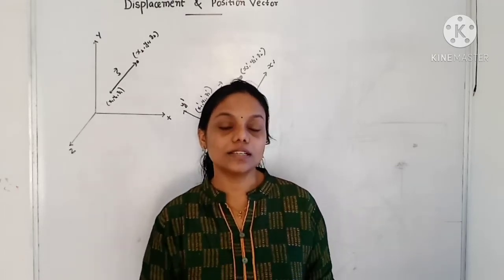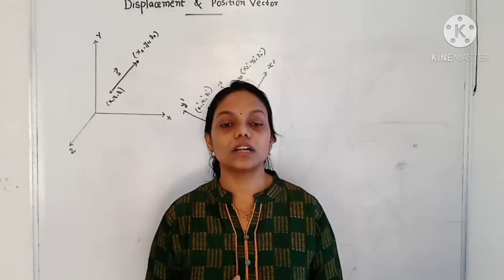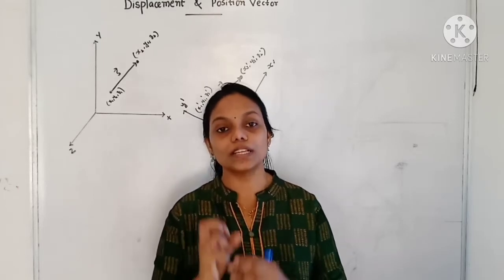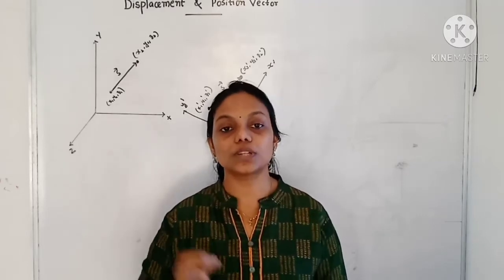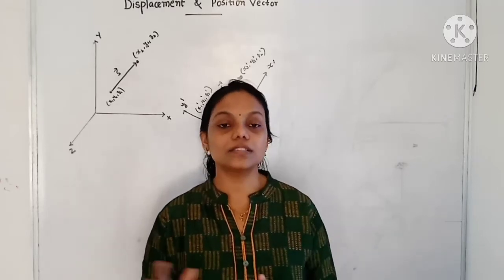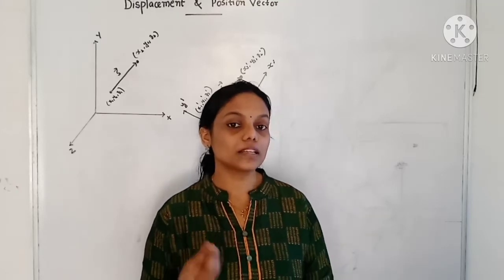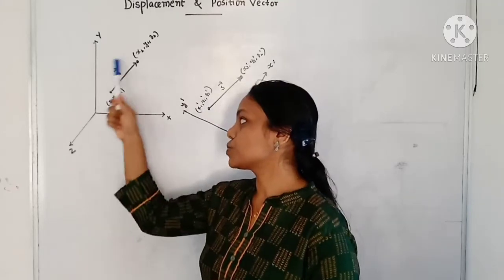Therefore, the distance between, or the displacement from, the first point to the next point is known as the displacement vector. And you can see this is a displacement vector.